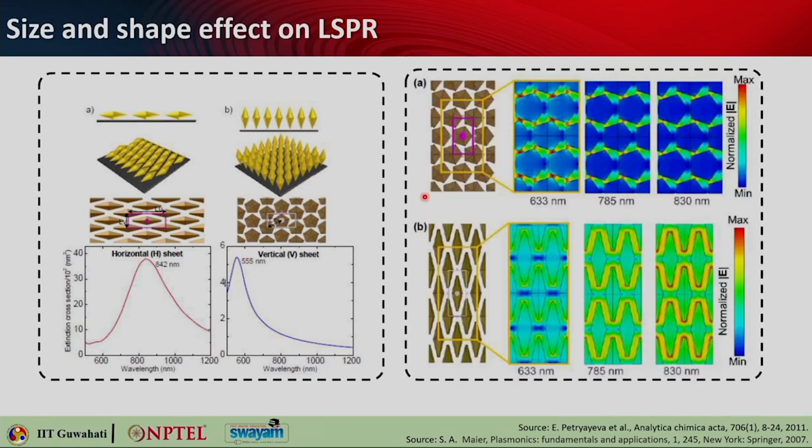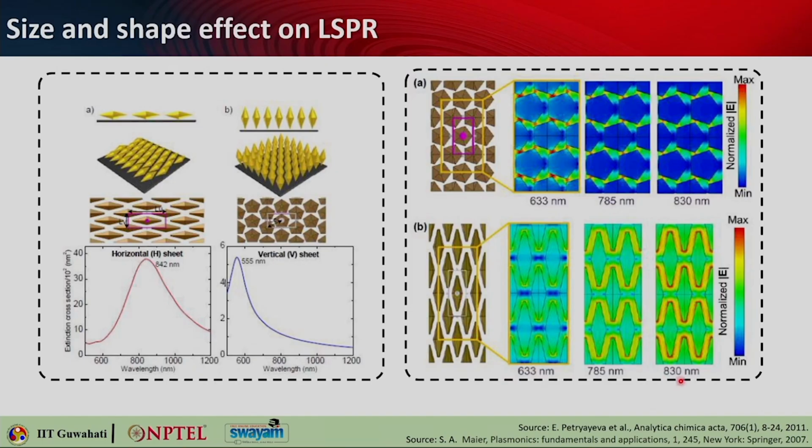So, what you see here is that for this kind of vertical sheet, only at a laser wavelength close to its resonance do you get the strongest electric field. For other cases, the electric field in the near vicinity of the particle is not that strong. Similarly, for the horizontal sheet, the resonance is at 842.